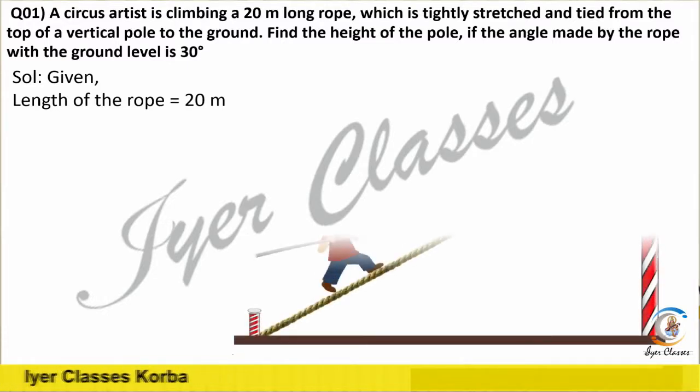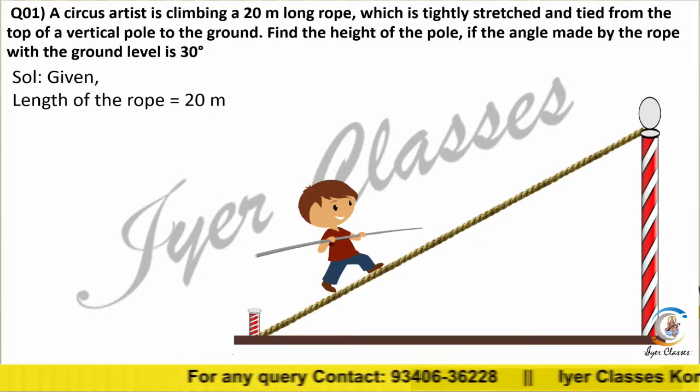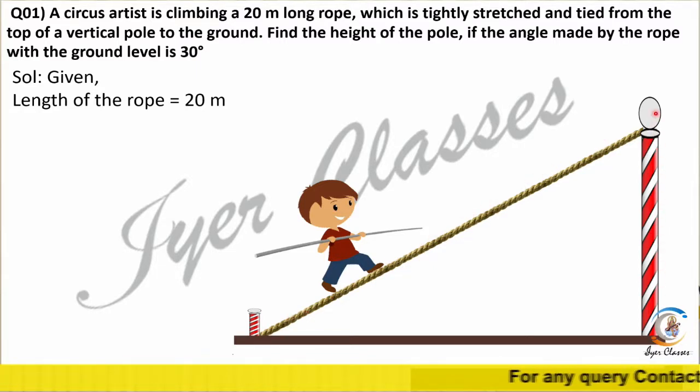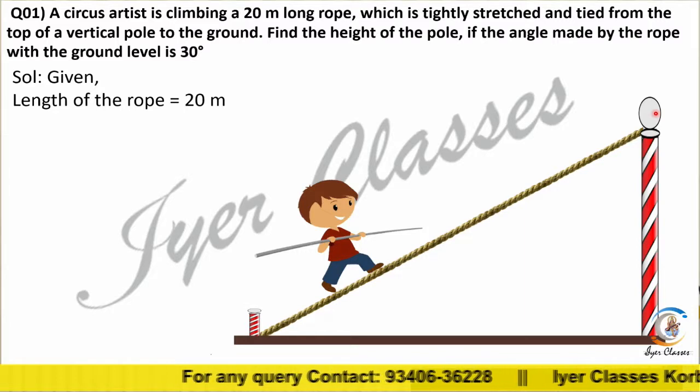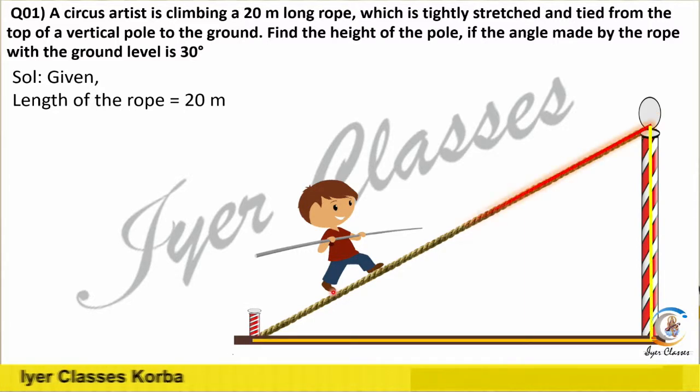You can see a circus tower in which a circus artist is climbing. The length of the rope is 20 meters and you're supposed to find out the height of this pole, and the rope is making an angle of 30 degrees with the ground.